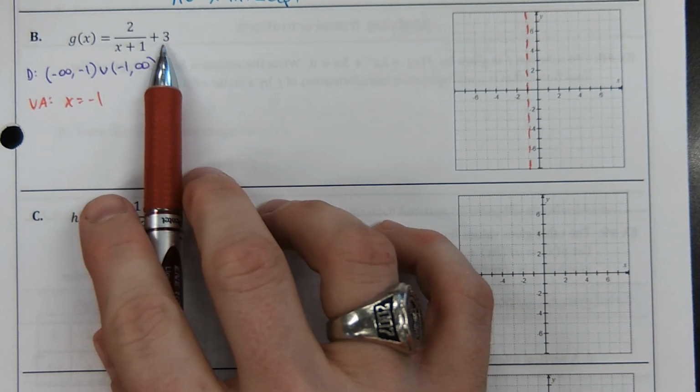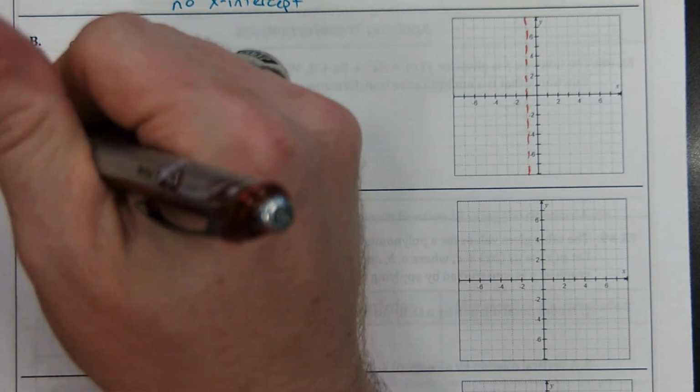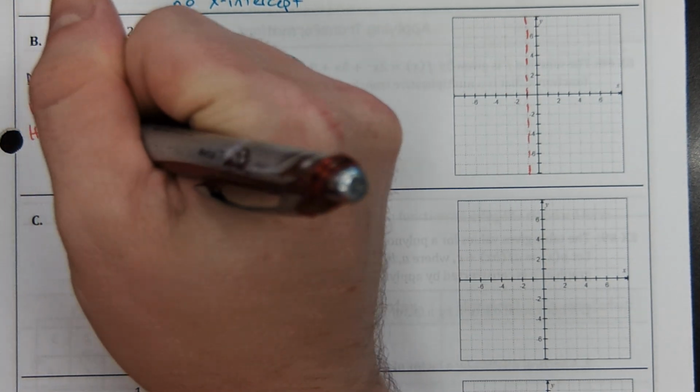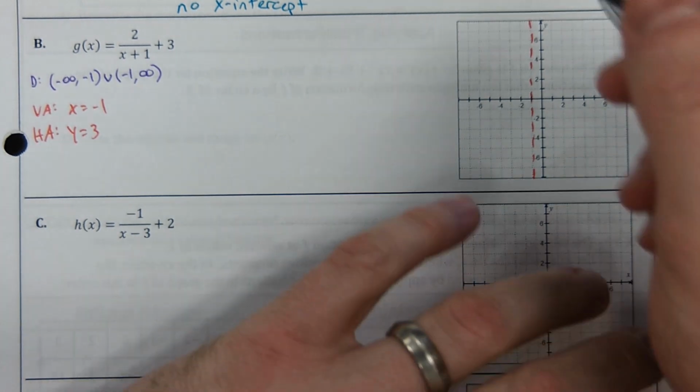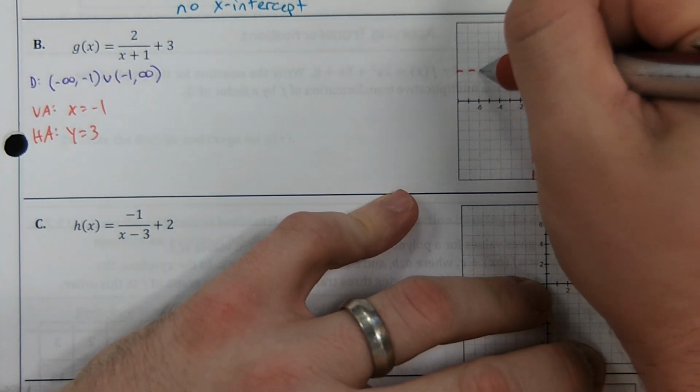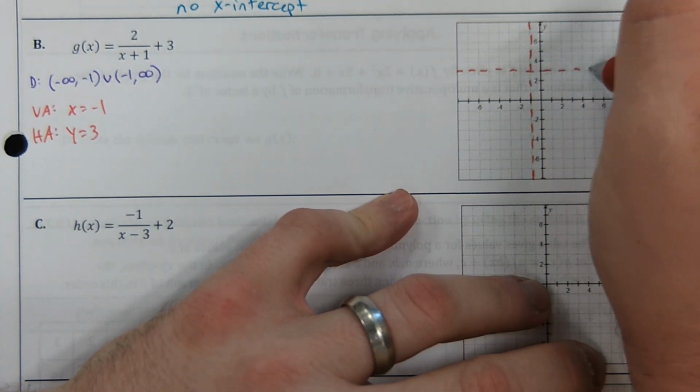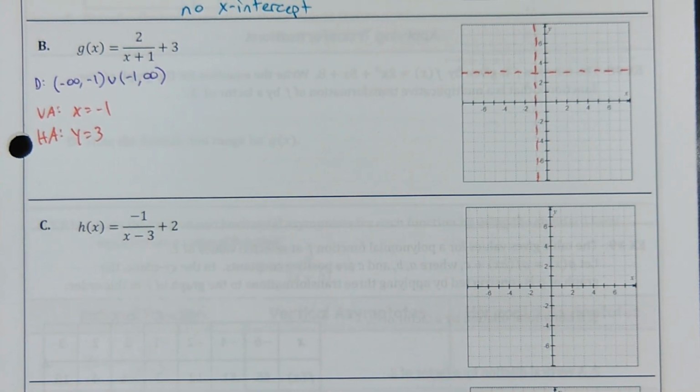The graph has been shifted up 3. So your horizontal asymptote has moved up from y equals 0 to y equals 3. Did I do any reflecting? Where? Is that a negative number?